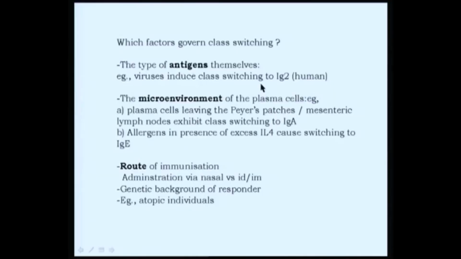One example I can give you is with respect to IgG2A, which is an isotype that is made in response to viruses, and in human this would be IgG2. The Fc regions of these immunoglobulins can bind to some of the cells of the innate immune system.